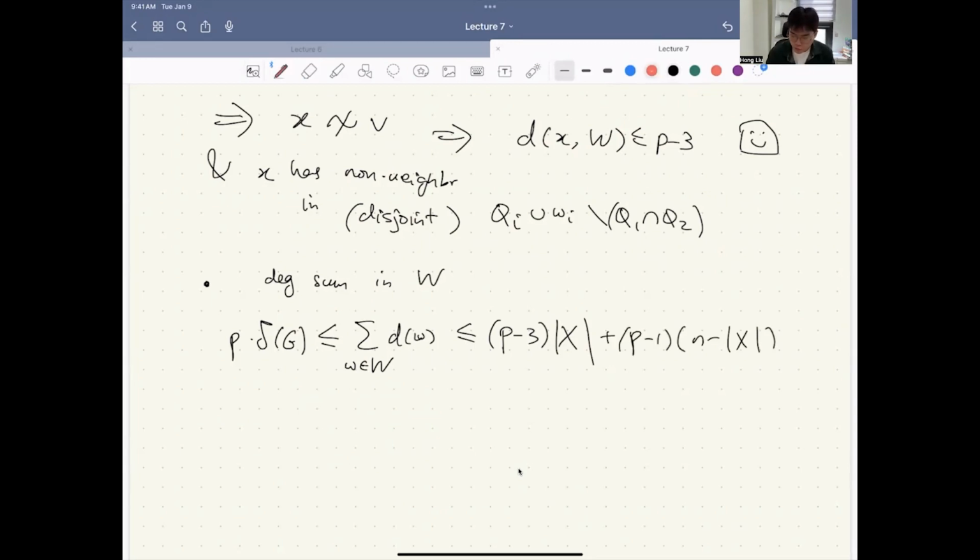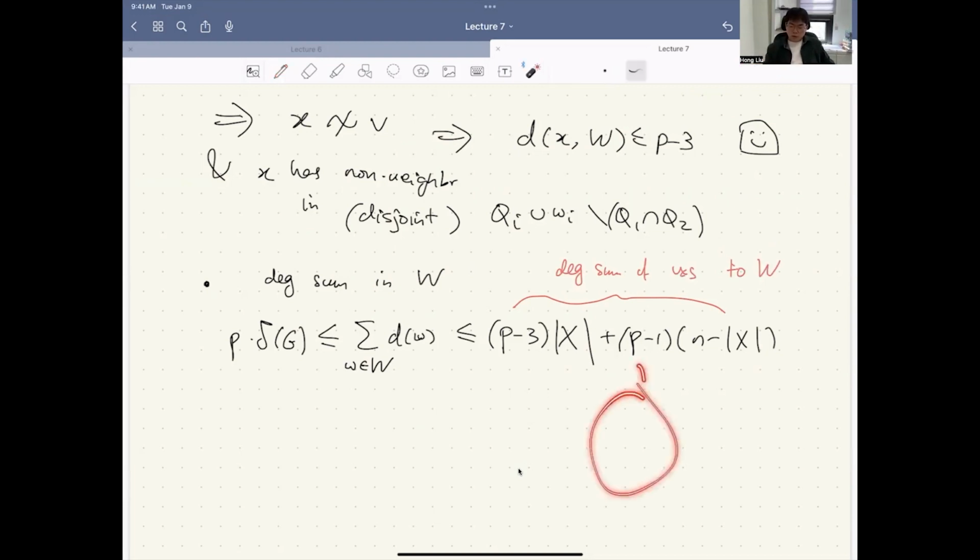Actually, what we're writing here is the degree sum of vertices to W. Degree sum to W is the same as the degree sum to vertices in W. Okay?